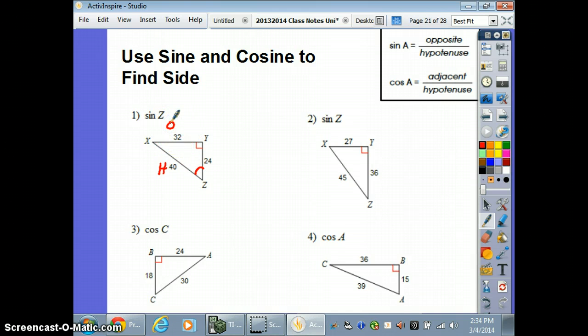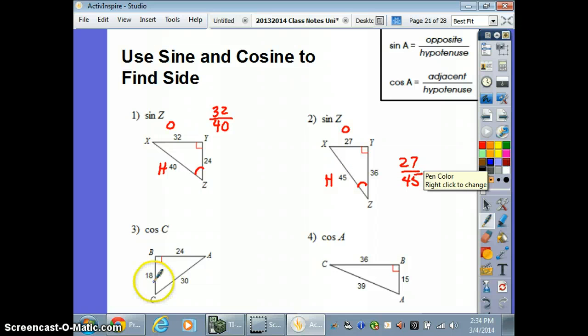So sine of Z is 32 over 40. Let's do sine of Z again. I'll let you write it down. This is the hypotenuse, across from the right angle. This is opposite. So it's 27 over 45. Opposite over hypotenuse.